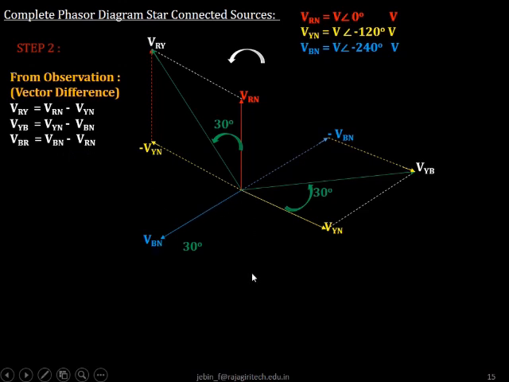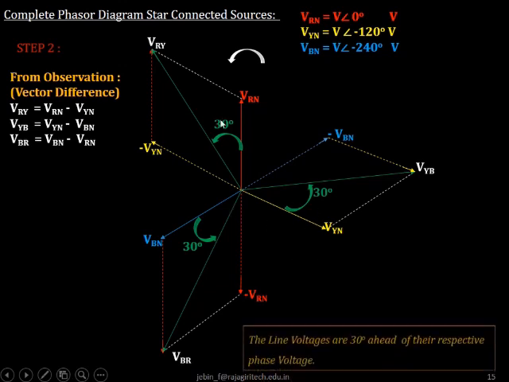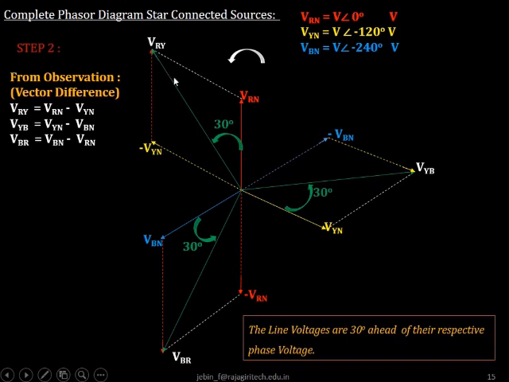I'll draw minus VRN and complete the parallelogram law of vector addition, and I'll obtain the line voltage VBR. If you look into the figure, one thing is very clear: the line voltage is 30 degrees ahead of their respective phase voltages.